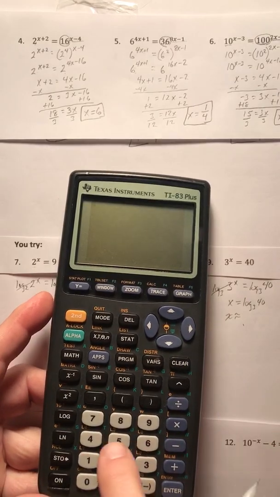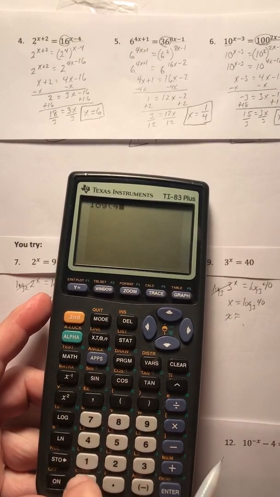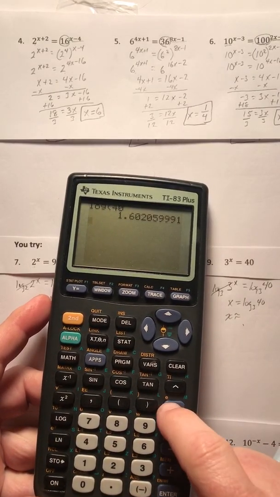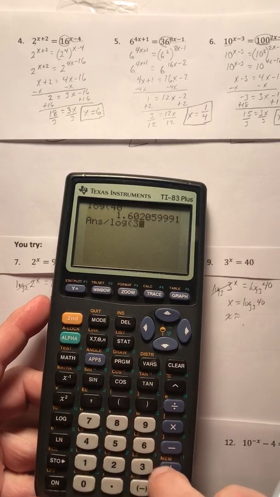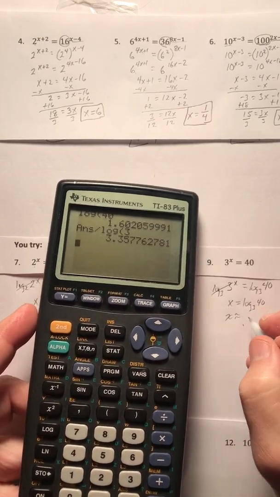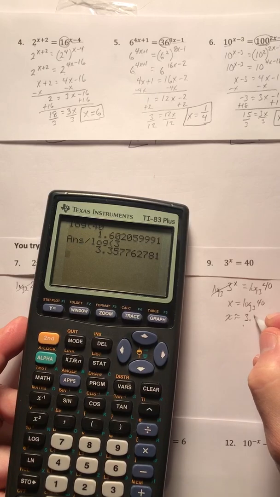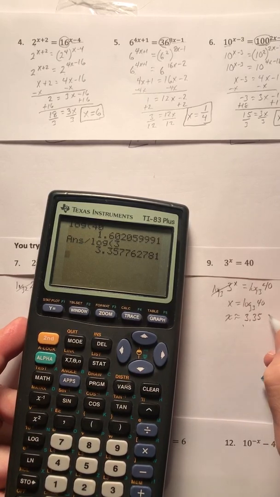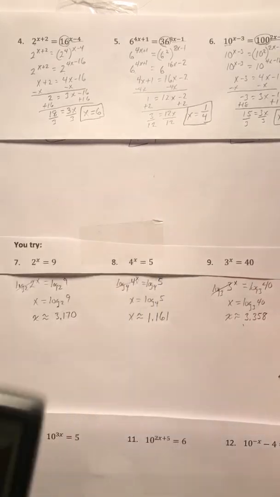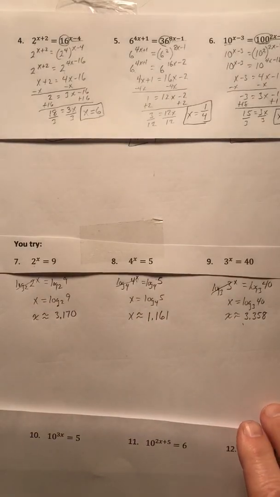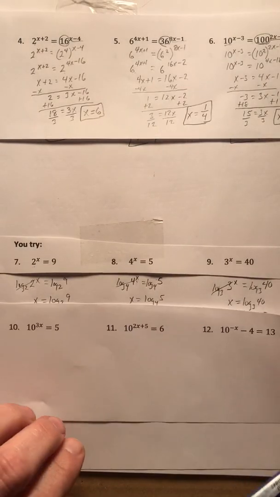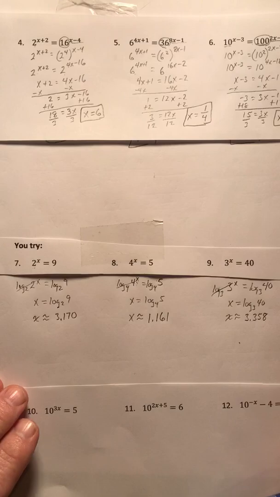So on that, I'm going to do log 40, enter, divide it, log 3, enter. And I get 3.358. All right. So that was those 3.